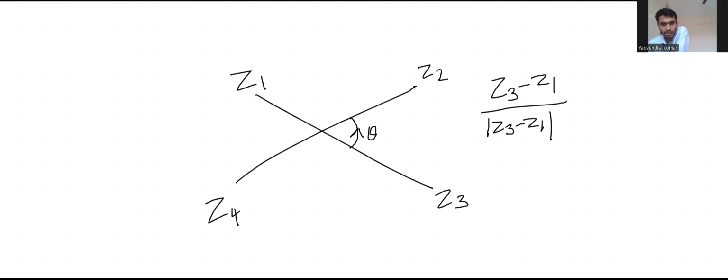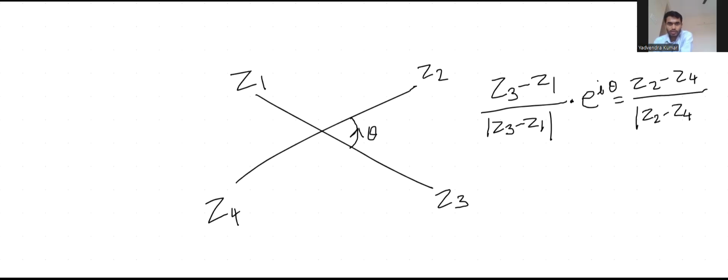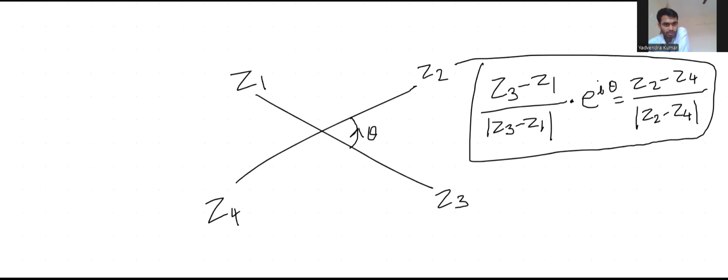And if you multiply this by e to the power iota theta, then it is going to be Z2 minus Z4 divided by modulus of Z2 minus Z4. So a unit vector rotated by theta gives you another unit vector. It's done. So this is the relation if four complex numbers are given. This is the third rotational relation, with four different complex numbers given.